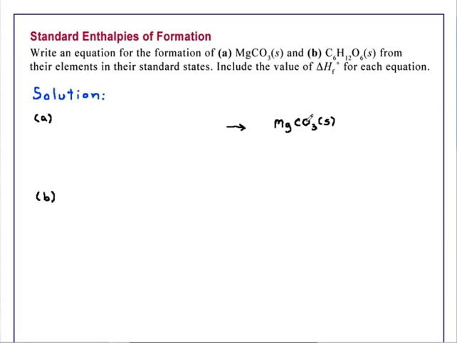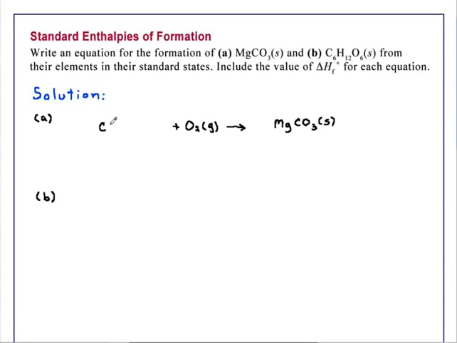So we see we have oxygen, and oxygen occurs as a gaseous diatomic molecule, so we write O2 gaseous. We have carbon, and carbon occurs as a solid, and it is in the graphite form in its most stable state.